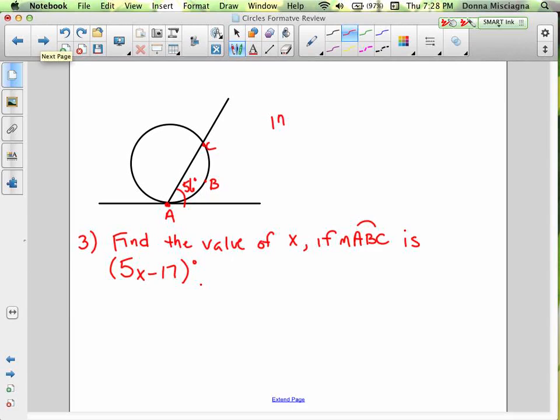Right? So the angle C, well, let's call it CAD. Angle CAD is an inscribed angle. And we know the angle is half the arc.